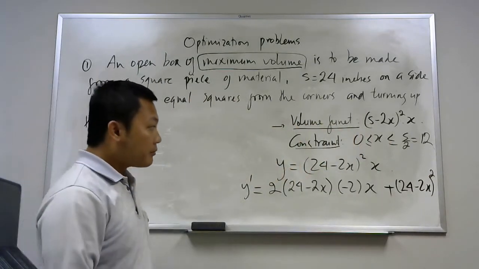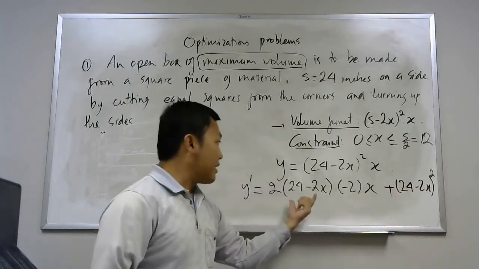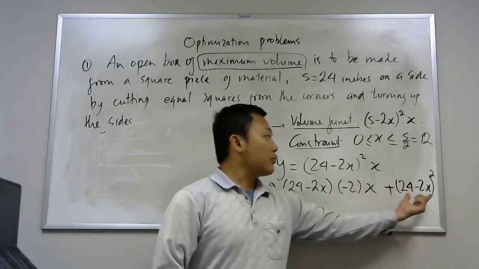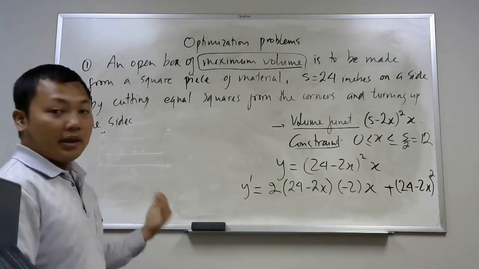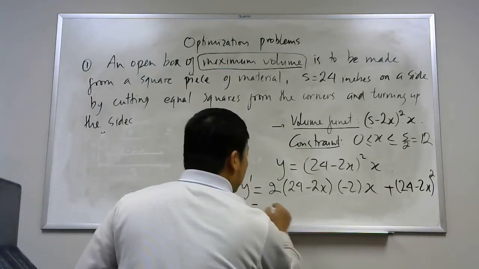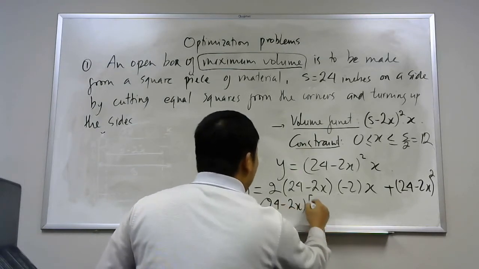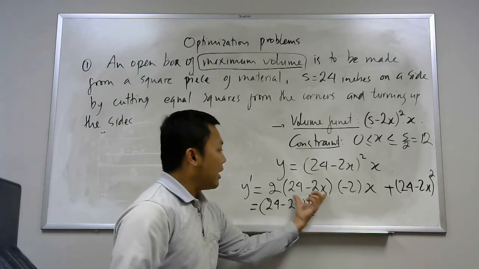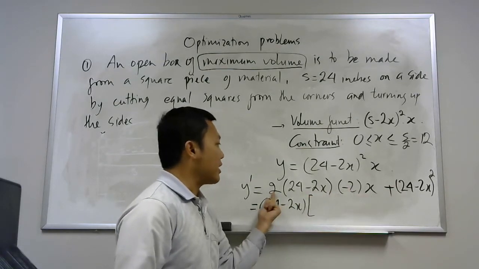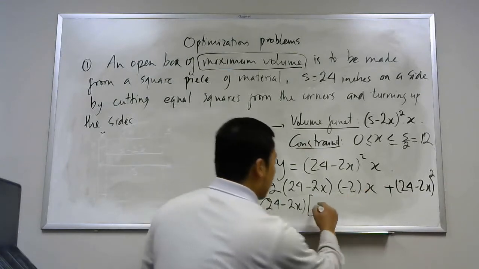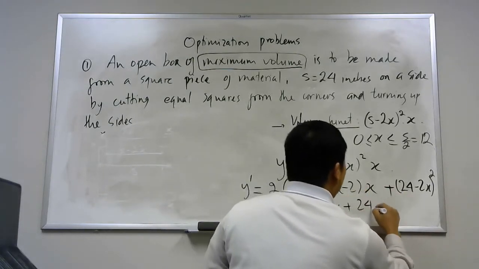Now I don't distribute this because I see 24 minus 2x, 24 minus 2x. I need that, so I just factor that out. I get 24 minus 2x. Now inside, from this term, I get 2 times minus 2, which is minus 4, so minus 4x. And then from here, I get plus 24 minus 2x.